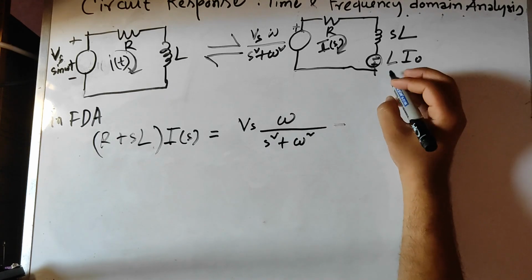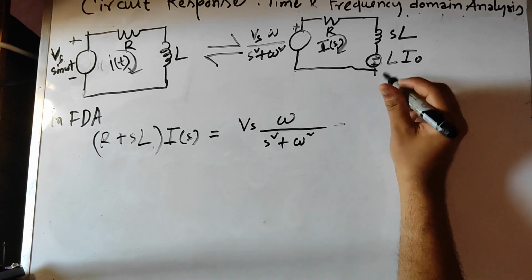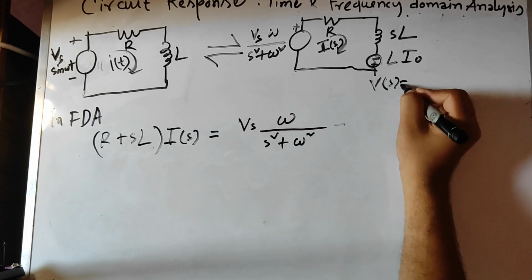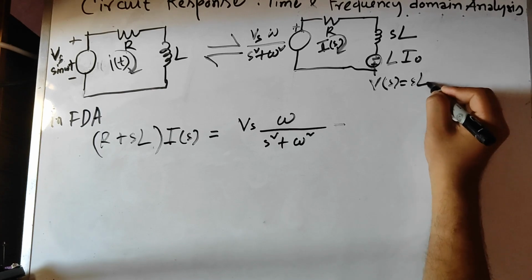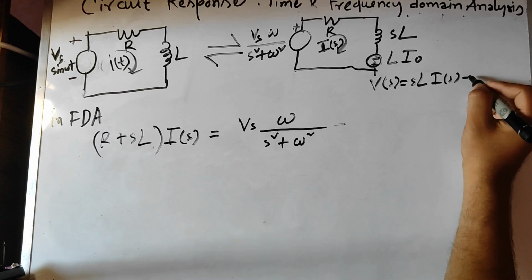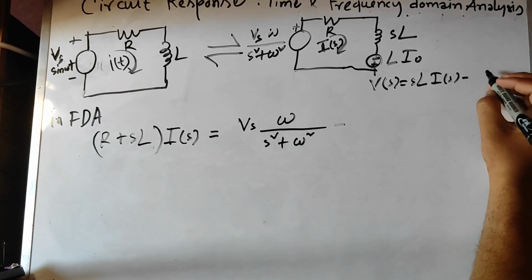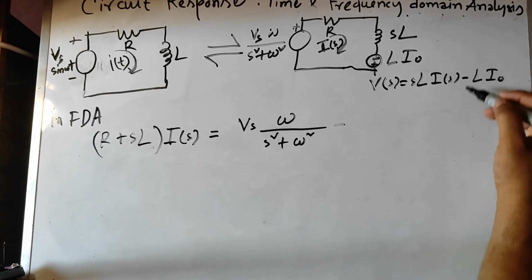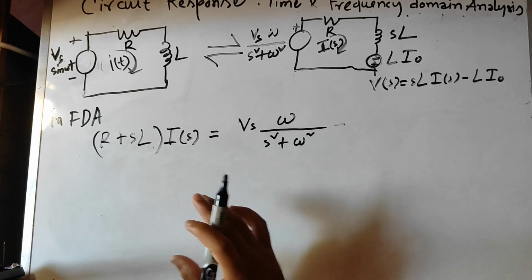The equation for voltage across the inductor is V(s) equals sL I(s) minus L Io, where Io is the initial current. So we are going to use this.